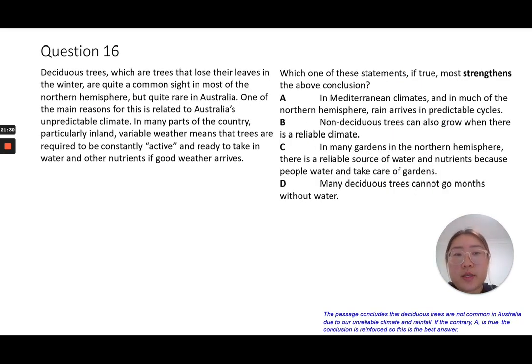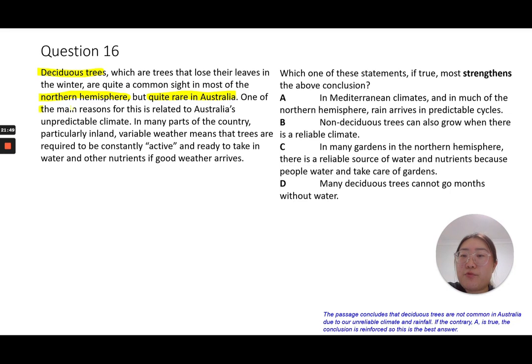Okay, 16. So which of the statements, if true, most strengthens the above conclusion? What is the conclusion? Let's get our highlighter and highlight the conclusion. So we have deciduous trees, okay? They are quite a common sight in most of the northern hemisphere, but quite rare in Australia. Why?